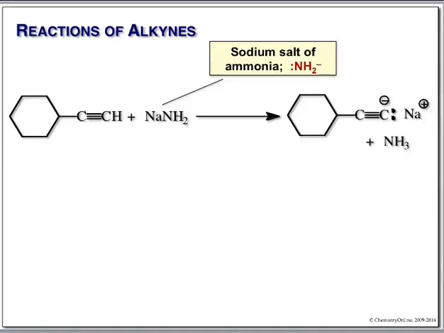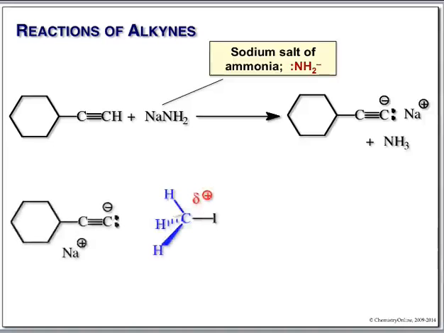Now back in chapter 5, we talked about nucleophilic reactions. We said we were going to have a nucleophile and an electrophile. In this, the nucleophile is simply the alkyne anion, looking for something positive.